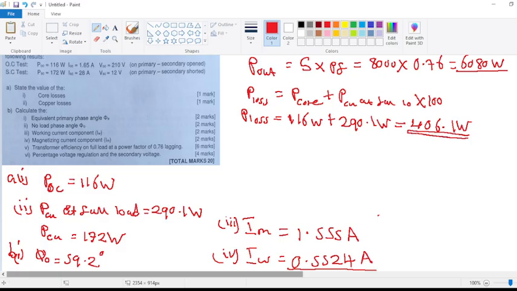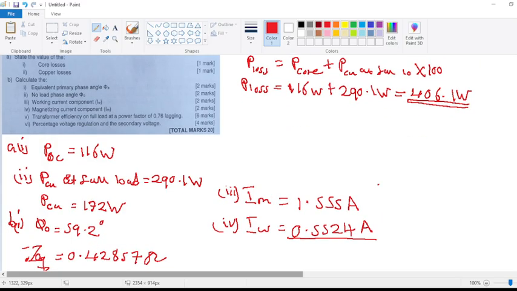Now we can calculate the efficiency of the transformer at full load. So this is the total loss at full load, 406.1 watts. Then how do you calculate the efficiency now?